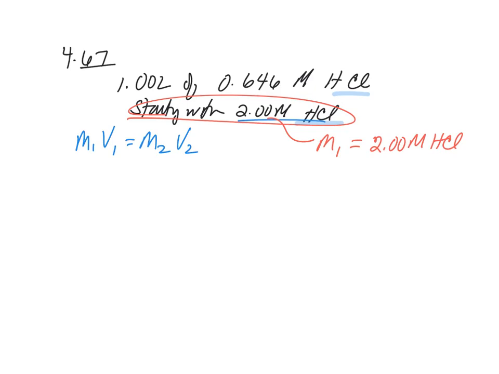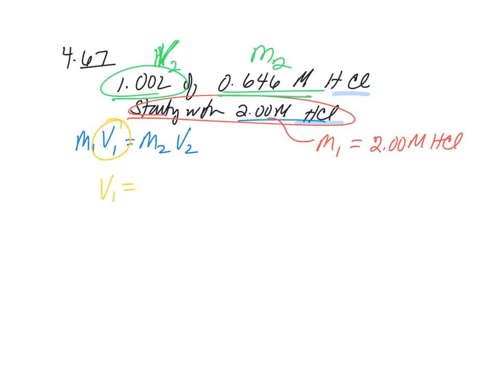And when you could describe how to prepare, so the 1 liter is V2, that's your final volume, and M2 is your final concentration. So what are you solving for? You're going to solve for V1.